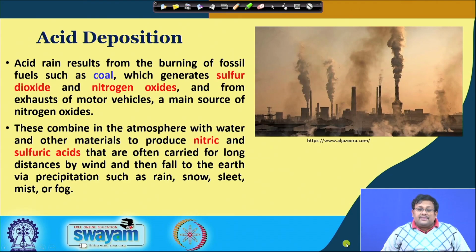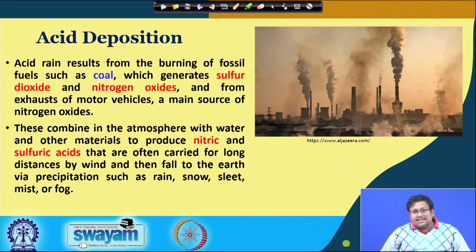But in case of acid deposition, due to automobile emissions as well as burning of fossil fuels, especially coal, different gases like sulfur dioxide and nitrogen oxides are generated. These react with atmospheric water and other materials to produce caustic acids like nitric acid and sulfuric acid, which are often carried a long distance by wind and then fall to the earth via precipitation such as rain, snow, sleet, mist or fog.